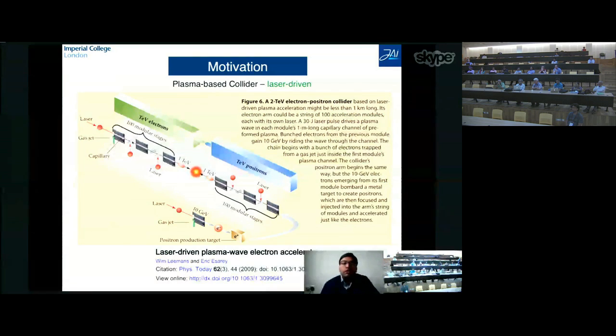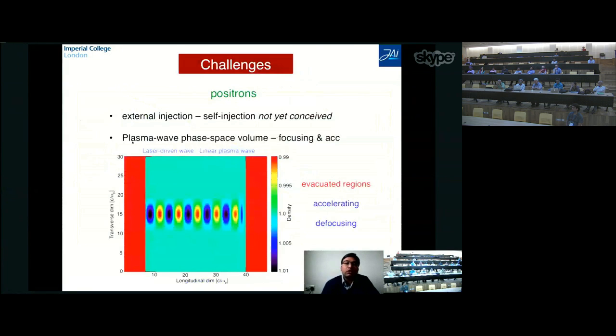So let's move on to the main challenges. Apart from the technological challenges of staging, positron acceleration in plasma-based accelerators suffers some very inherent challenges in terms of both transporting and accelerating the positron beam.